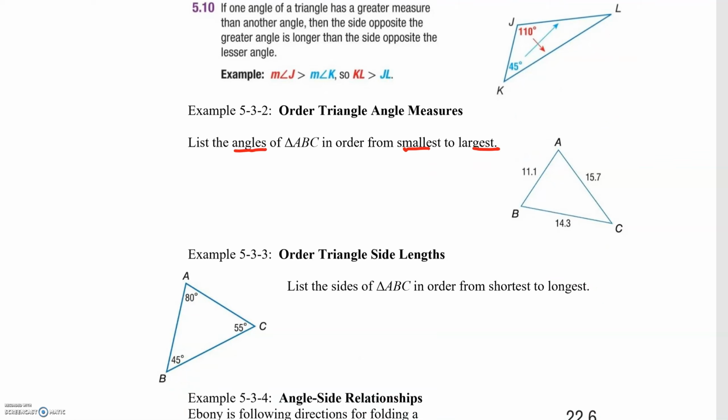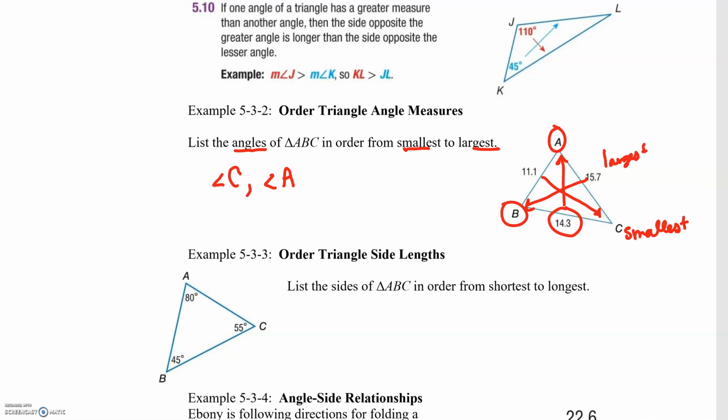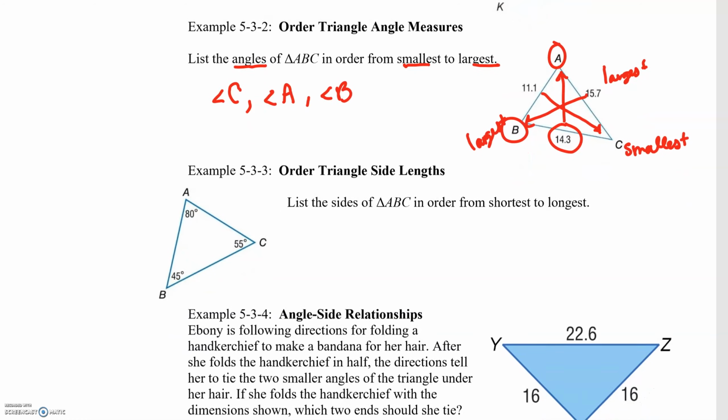Well, they're giving you sides, which means we start with the smallest side, and across from that is going to be the smallest angle. So angle C. Then we find the next, which would be across from A. And then the largest side is across from the largest angle. So angle B would be the last one in order.